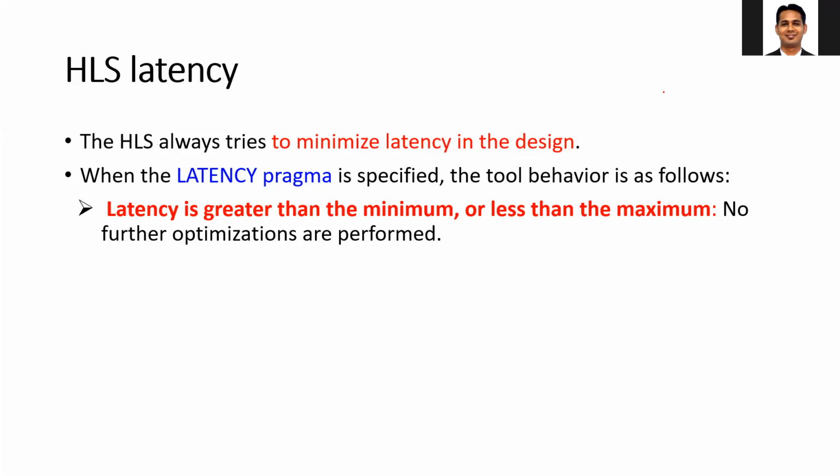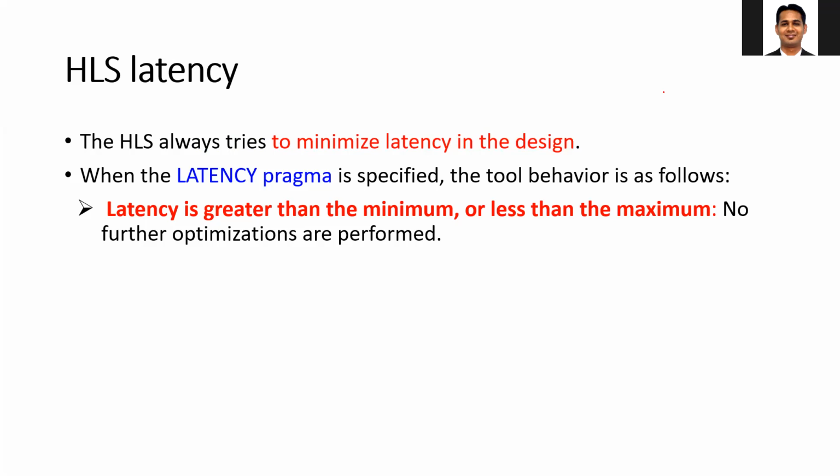Now suppose that you have specified the latency pragmas with the minimum and the maximum value of the latency. Then what will the tool do? The tool will again find the possible implementations, and it does this sequentially. It will go to the first option, find out its latency, then the second option, and so on.